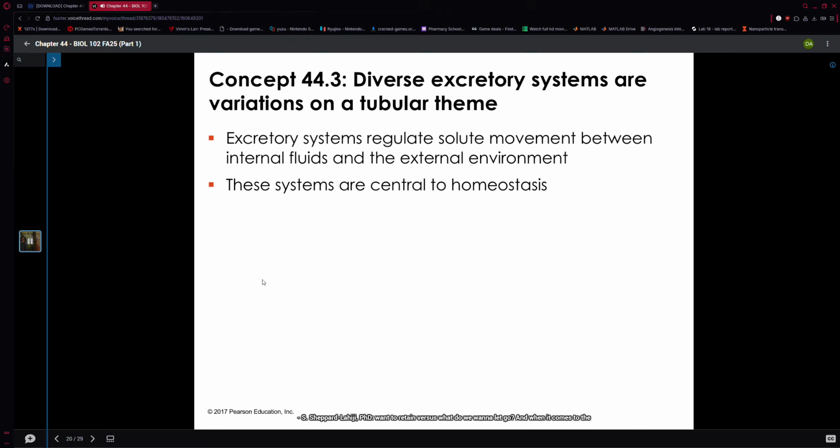As is often the case for a lot of the systems that we discuss, being able to utilize the excretory system in the appropriate way is essential for homeostasis, because we're thinking about solute balance and water balance. And while this might seem like we're just thinking about how we create waste, the role of solutes and water within our bodies goes far beyond the process of just producing urine.